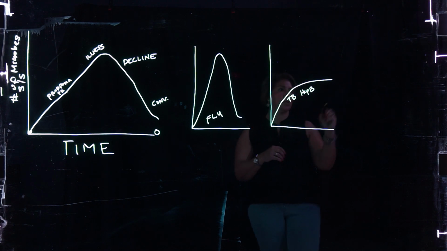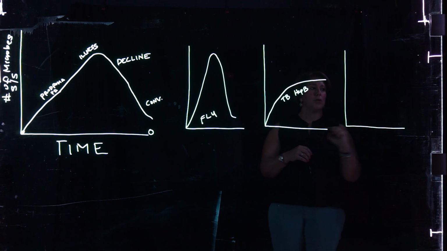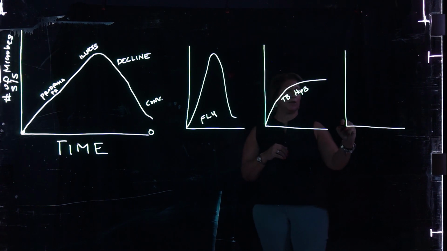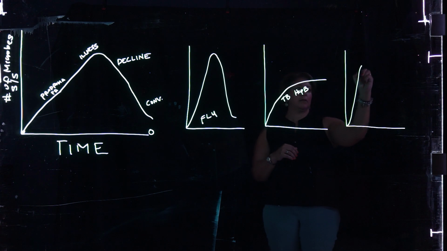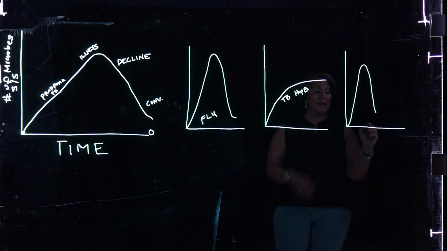And then lastly, I want to talk about latent types of diseases. In this type of disease, you have your infection, you get your peak, then you have your decline, and notice I'm not going all the way back to 0.